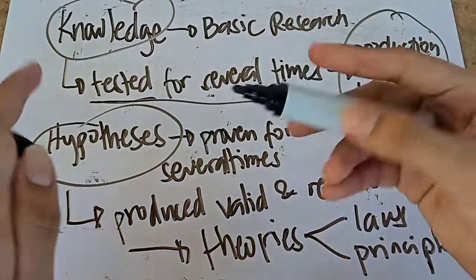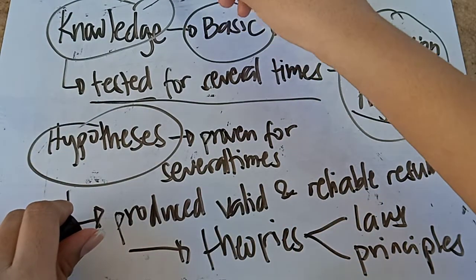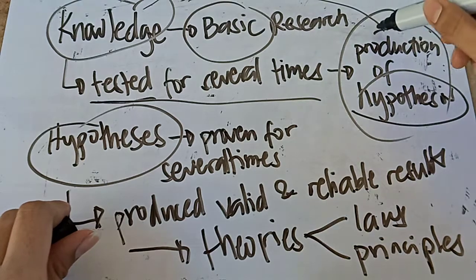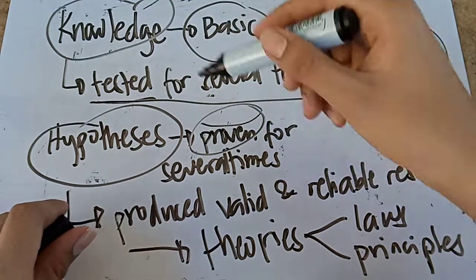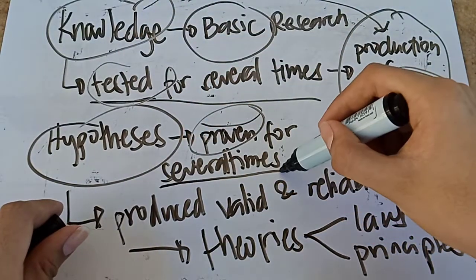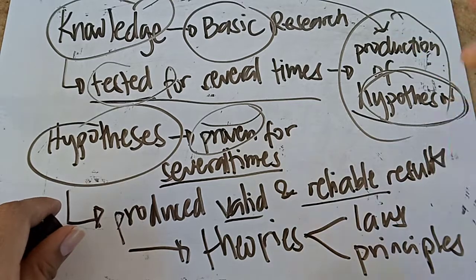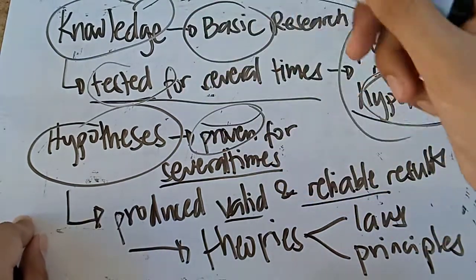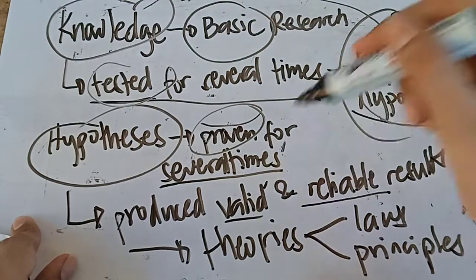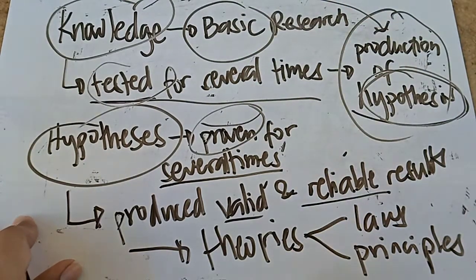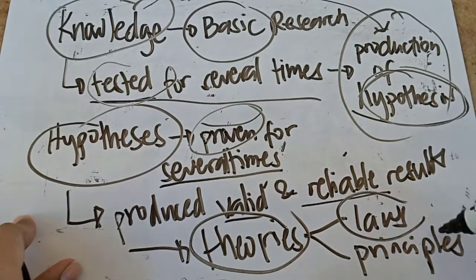So basic research aims to provide knowledge that will provide hypotheses, and these hypotheses must be proven or tested several times and must produce valid and reliable results. Once the hypotheses are proven and produce valid and reliable results, they form theories that will soon form laws and principles.